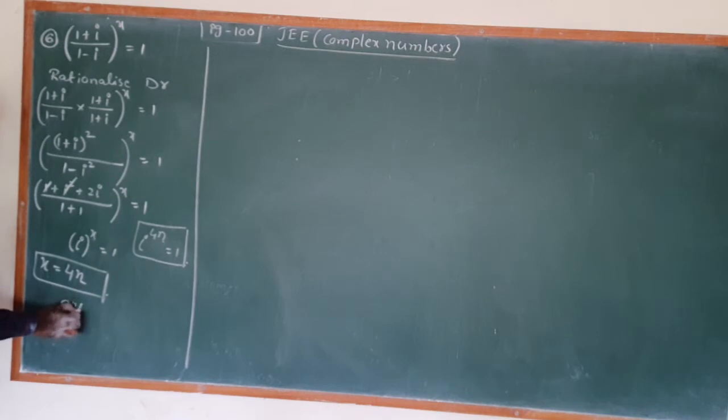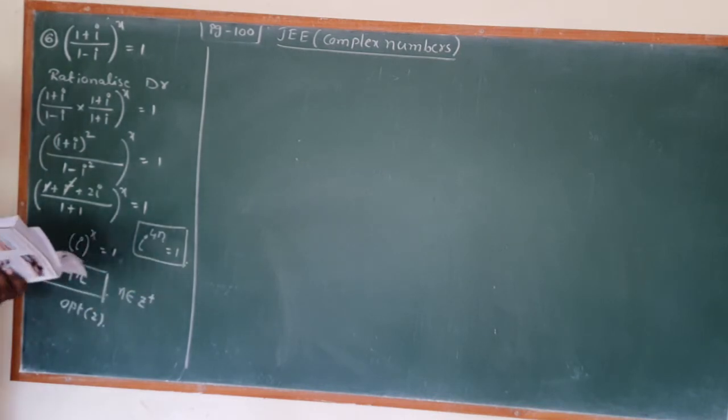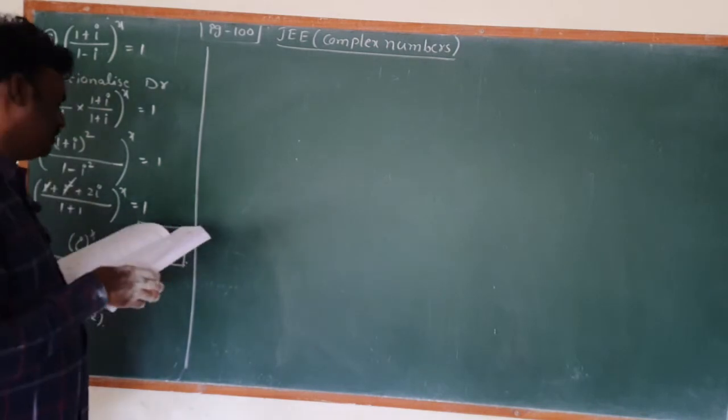Here n is any positive integer. Okay, because i power 4 is 1, i power 8 is 1, i power 12 is 1. So n is any positive integer. Therefore option 2 is the correct answer for this question.